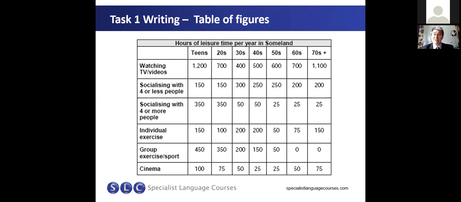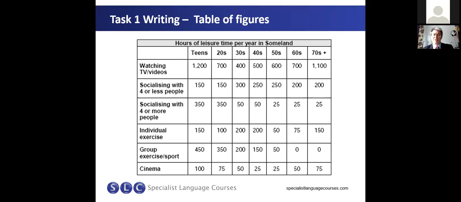So teens watch 1,200 hours of TV or video, spend 150 hours socializing with four or fewer people, socializing with 4 or more people, 350 hours.